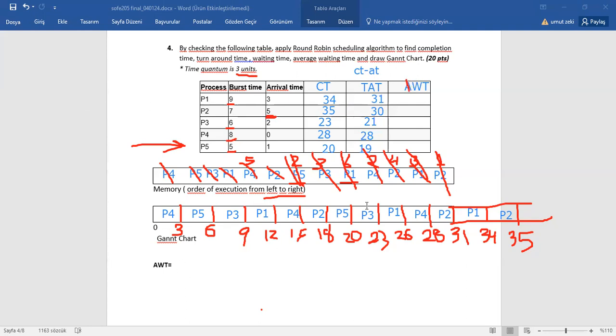Average waiting time is here. So waiting time is turnaround time minus burst time. Okay, think about that. You arrived at the bank at 2 o'clock, waited 20 minutes. Your operation was 10 minutes.